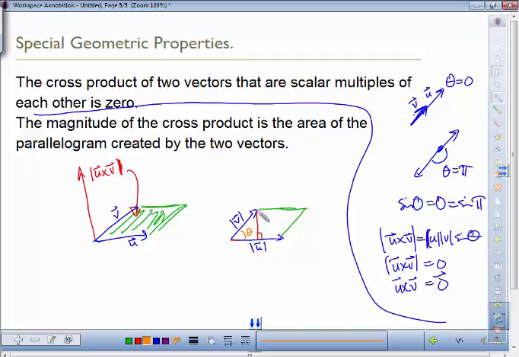To find that height, imagine including an angle here and just focusing on this right triangle with a hypotenuse of V and an opposite side that you're trying to look for. Let's call it H. That opposite side will be your height.